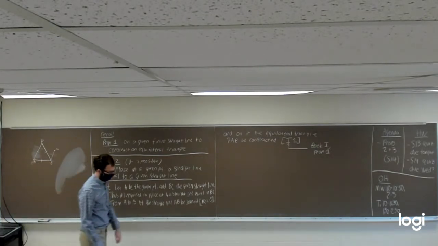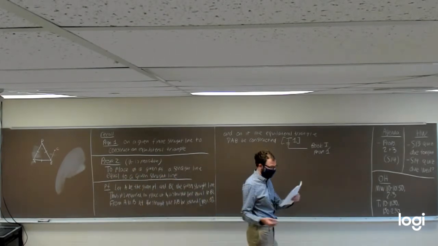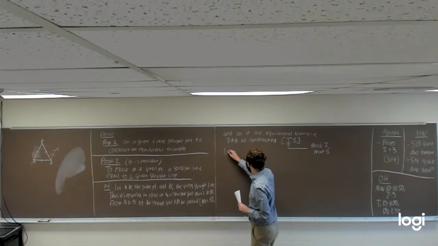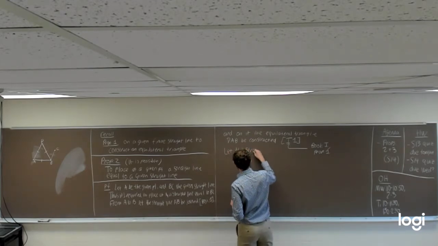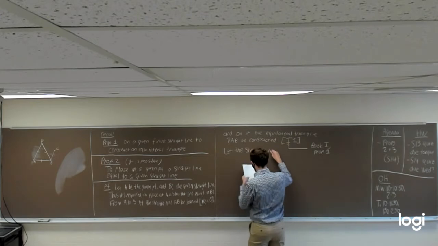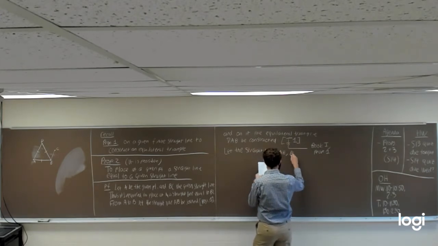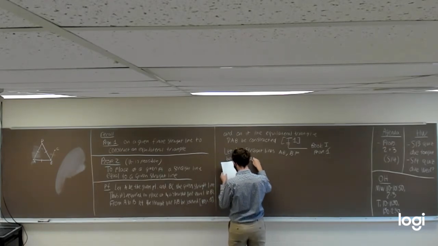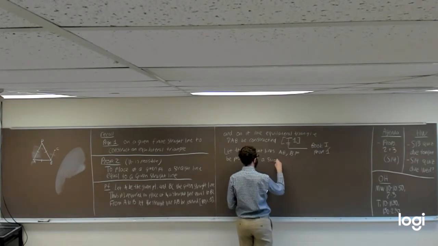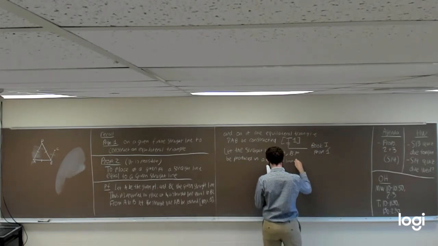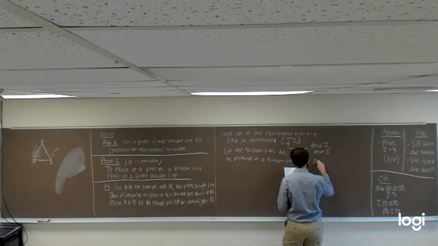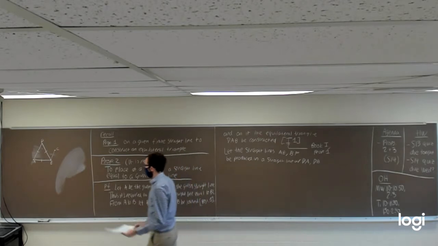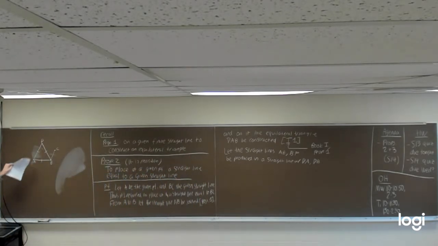So we have an equilateral triangle. Let the straight lines AE and BF be produced in a straight line with DA and DB. So in other words, he's saying, take the line from D to A and the line from D to B and make it longer.